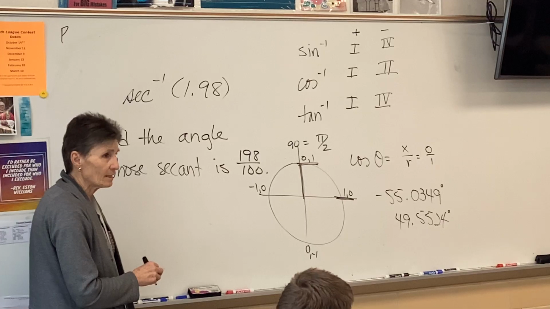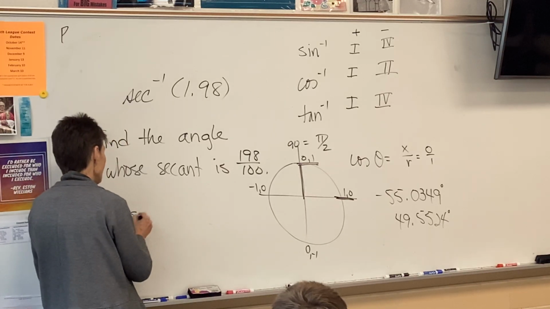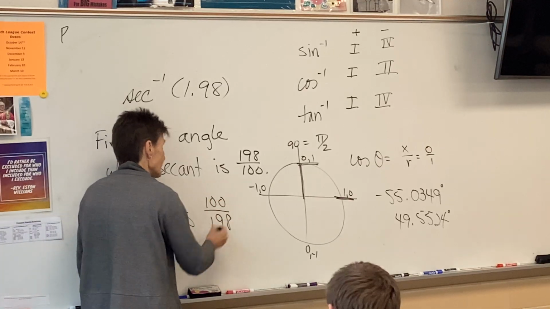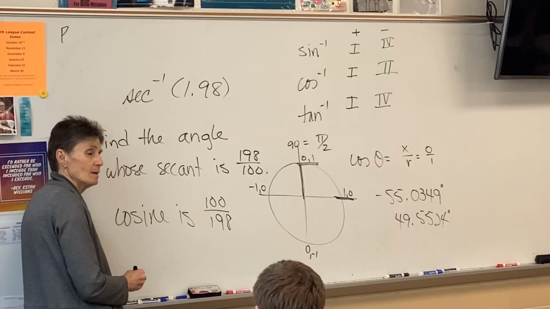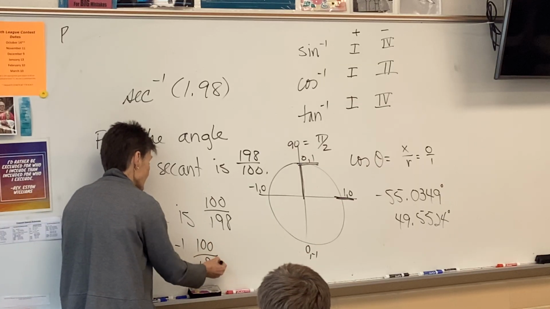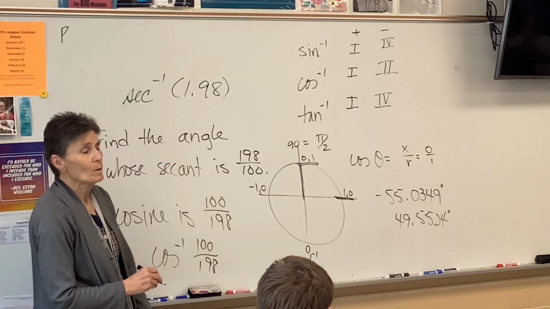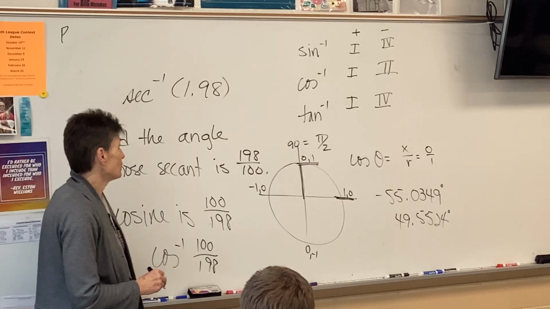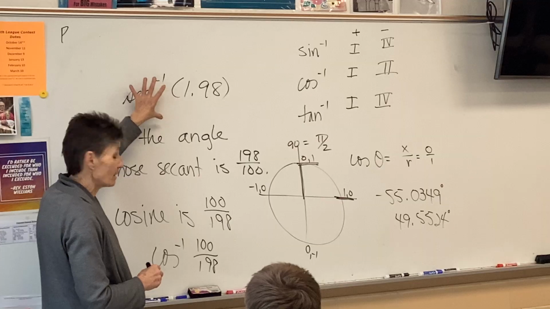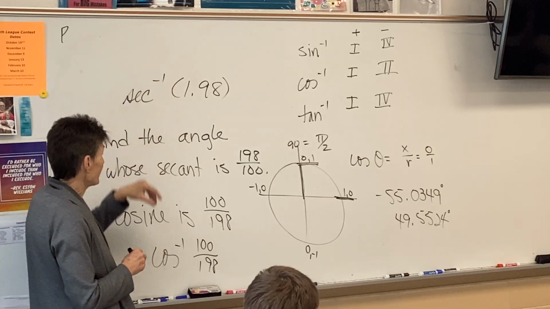Find the angle whose secant is 198 over 100. If the secant is 198 over 100, then the cosine is 100 over 198. So what I'm going to type into my calculator is this. We never, ever do 1 over these. You get an error. Did you get an error? So you'll catch yourself if you try it.